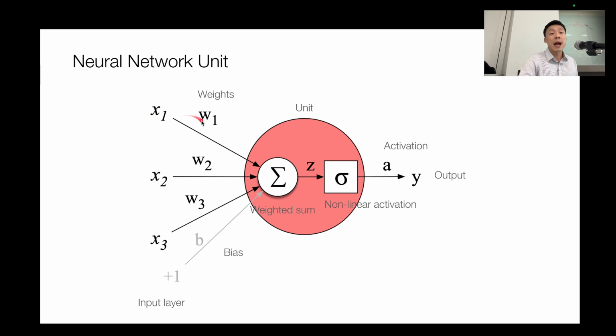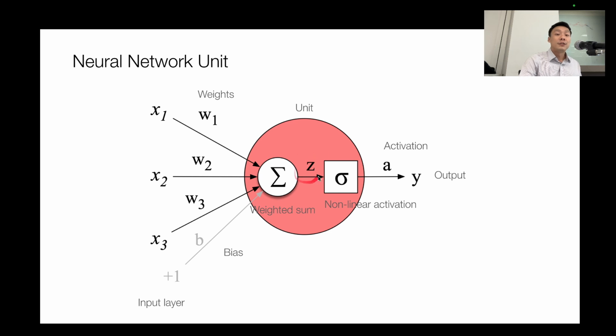So x1 times w1, plus x2 times w2, plus x3 times w3, plus the bias term, which is not in nature, it's in the model. It's not in the brain. We just say you always add b, which is the bias. Once you sum it up, this is one unit, one neuron.